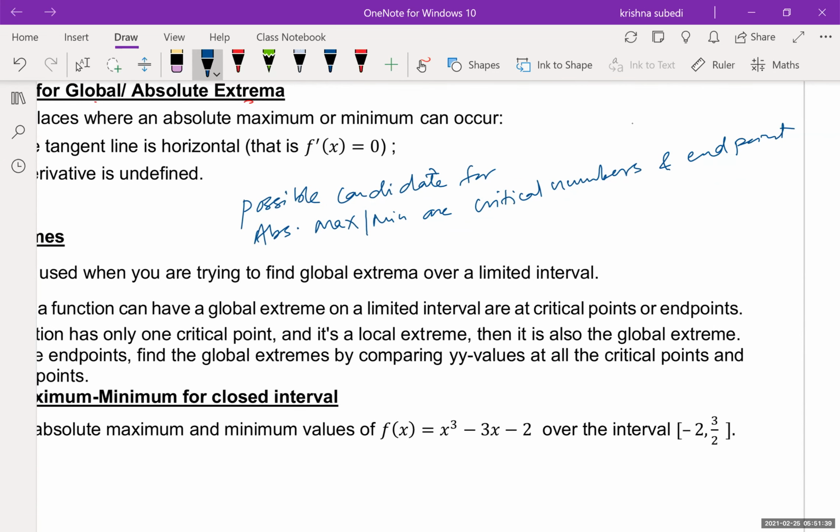So these are the candidates: critical numbers and endpoints. Just keep that in mind. So for global maximum or minimum, we always test at these points.